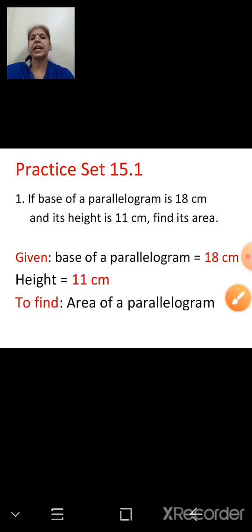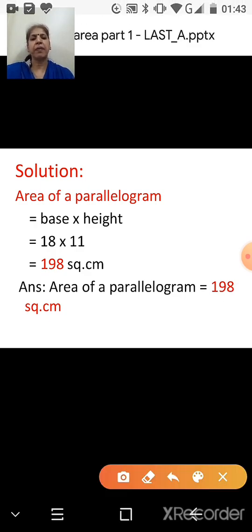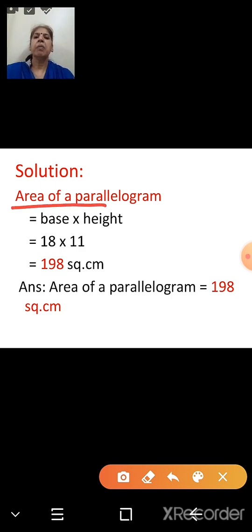So first we write given, then find, then solution. First write area of a parallelogram. What is the formula? Base into height. Area of parallelogram is base into height. Now substitute the values. Base is 18 and height is 11. You have to multiply 18 with 11.